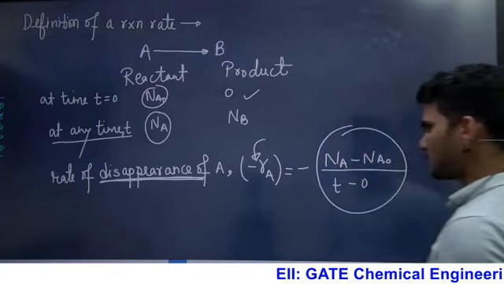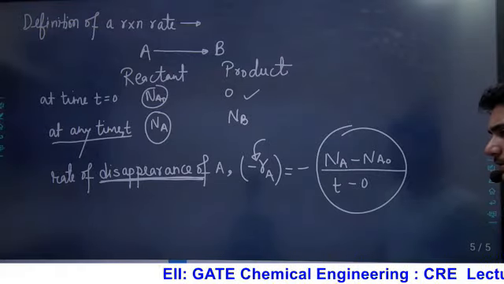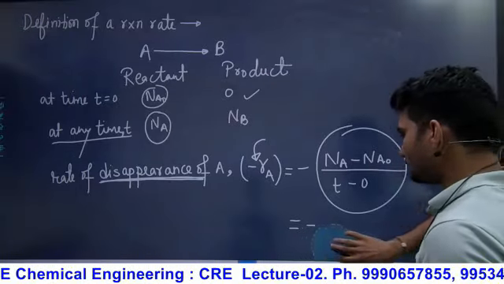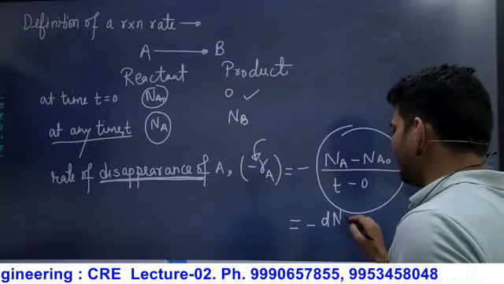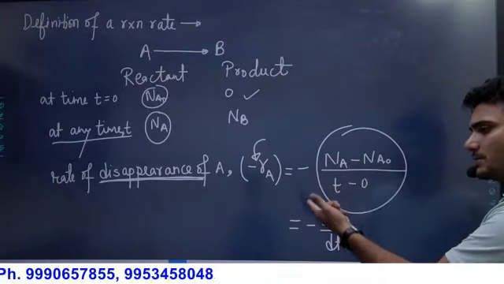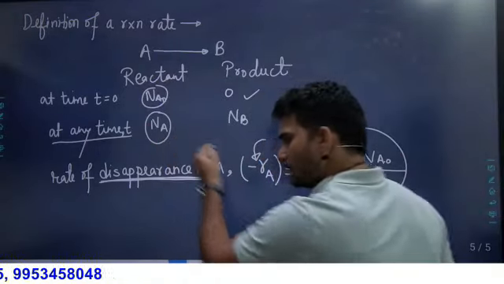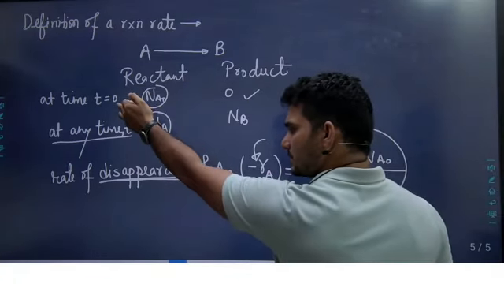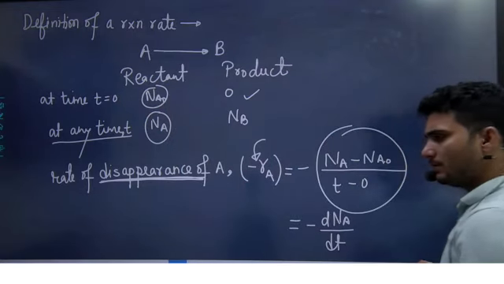That is minus dNA divided by dt, where dNA is final moles at time t minus initial moles, divided by final time, t minus 0.